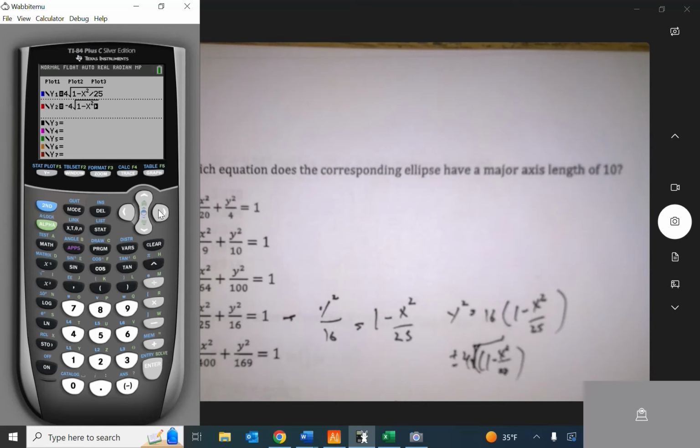I was doing some math in my head real quick. There's a reason I picked D. Let's see if I remember enough. Let's do a zoom square.